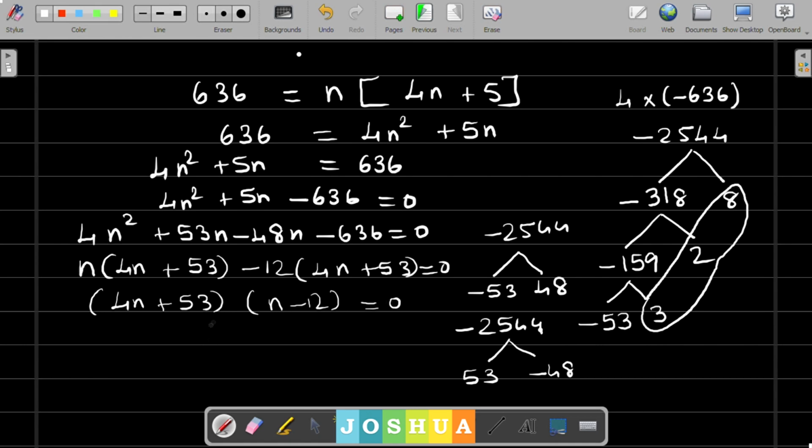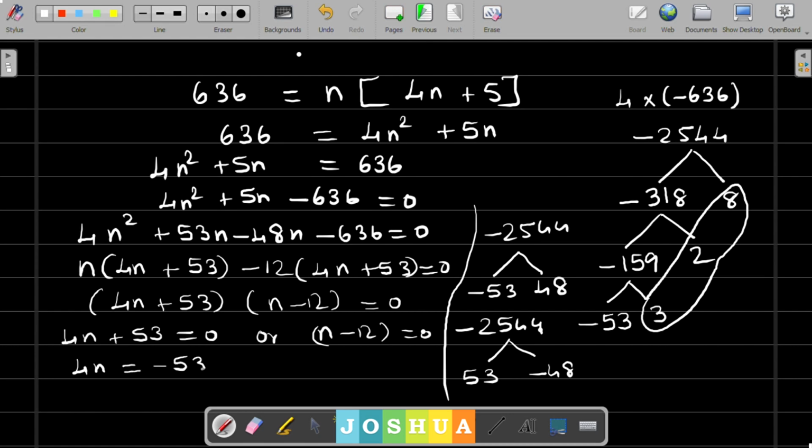Among these two terms, one term must be 0. Then only the result will be 0. So that means 4n plus 53 is equal to 0, or n minus 12 is equal to 0. So in turn what we are saying is 4n is equal to minus 53, or n is equal to 12.